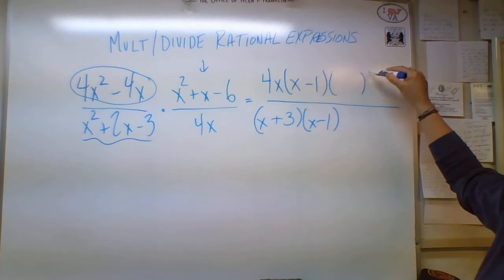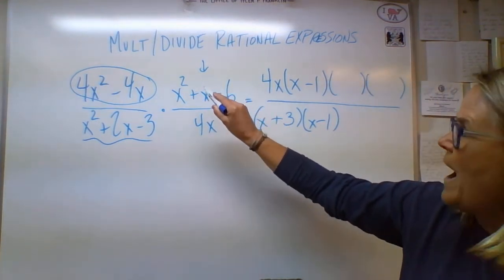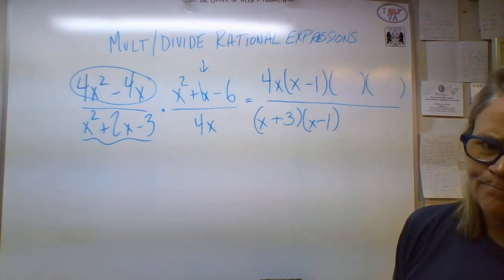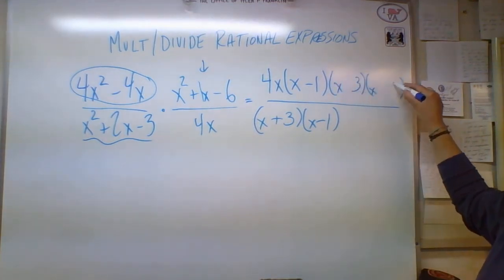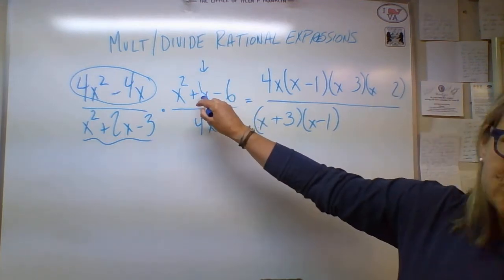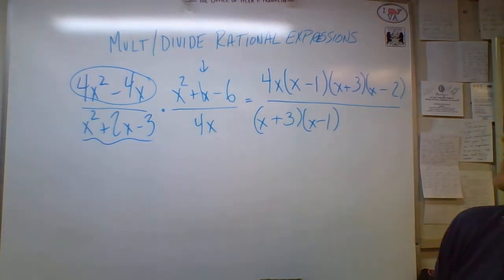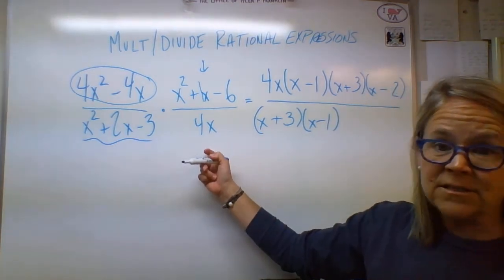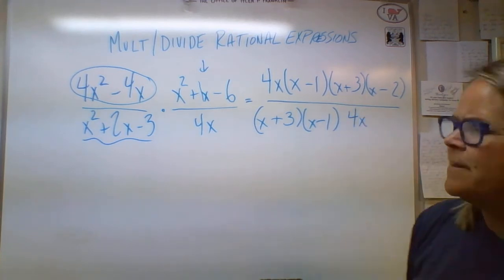Two numbers that multiply to give you 6, subtract to give you 1, are 3 and 2. So I'd have 3 and 2, and the larger number gets the sign of the middle since that's minus. And then 4x doesn't factor, so 4x stays on the bottom.